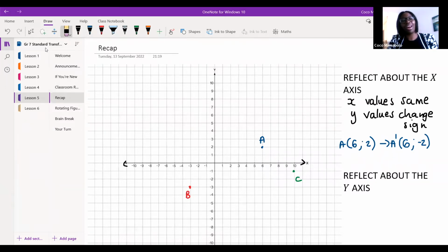So guys, remember, answer A, B, and C, and give me a dancing lady emoji in the chat when you are done reflecting all 3 of those points about the x-axis. Excellent, guys.